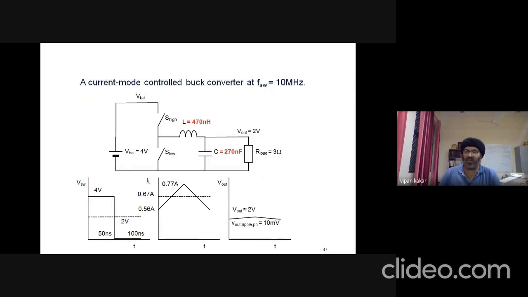We want to raise that frequency from 100 kilohertz to 10 megahertz. Based on that, we calculate the value of inductance, and using those equations we derived in previous slides, we can calculate the value of I max, the maximum coil current or inductor current, and the minimum coil current.